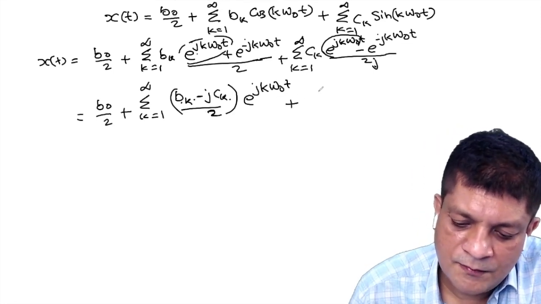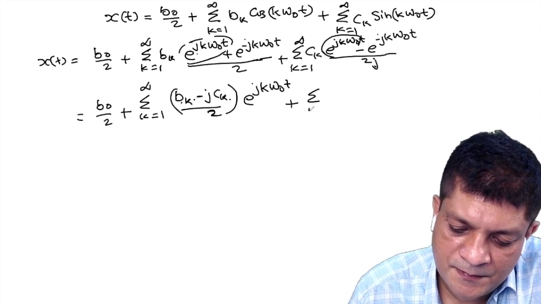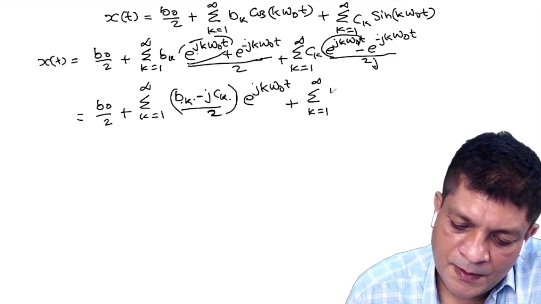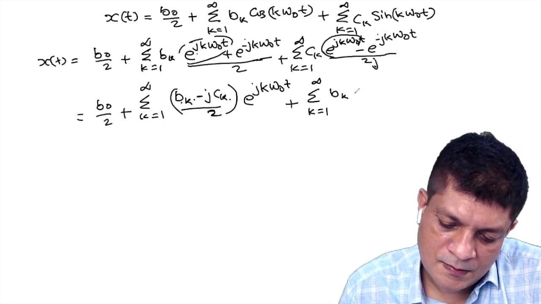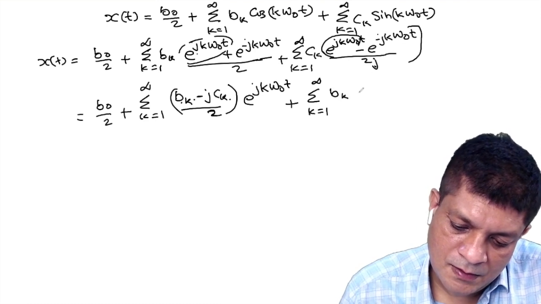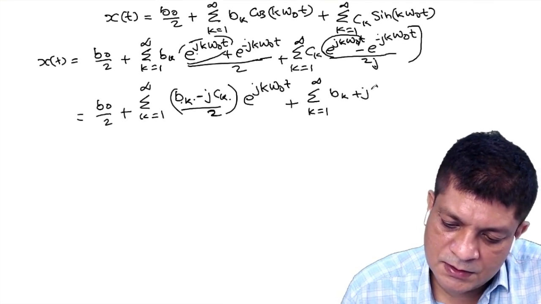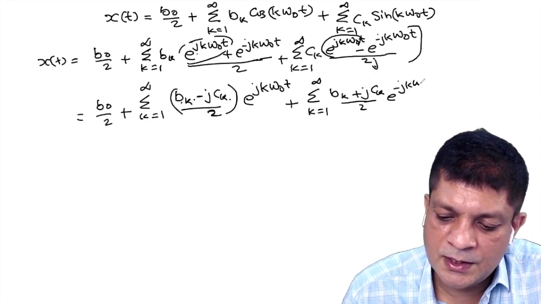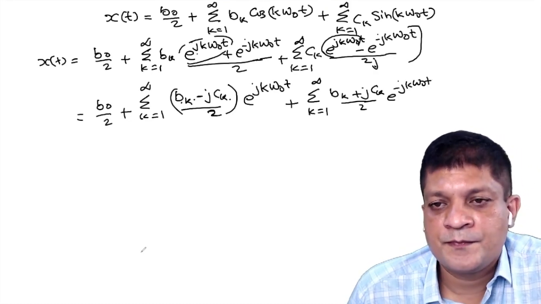Plus, what is the next term, next summation? 1 to infinity, b_k plus j c_k by 2 e to the power minus j k omega naught t, isn't it?